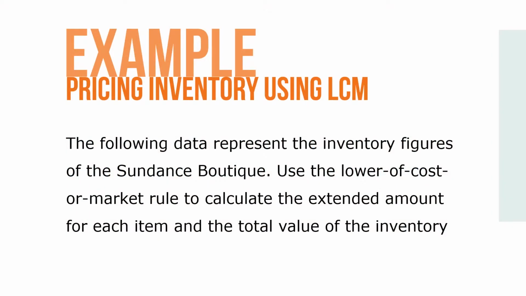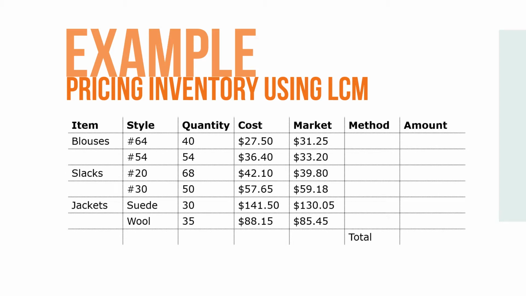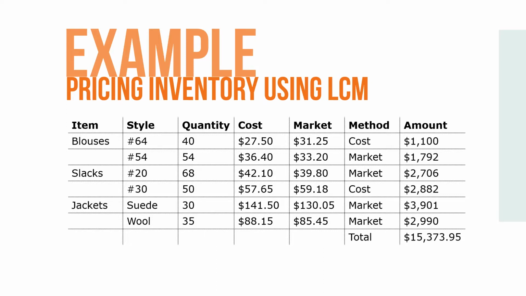Here's an example. The following data represent the inventory figures of Sundance Boutique. Use the lower of cost or market rule to calculate the extended amount for each item and the total value of the inventory. In this example, the cost and market price are given.